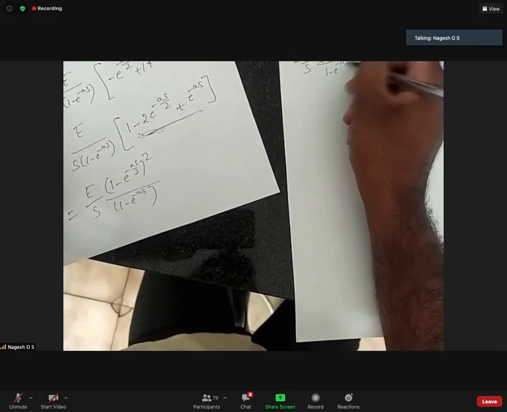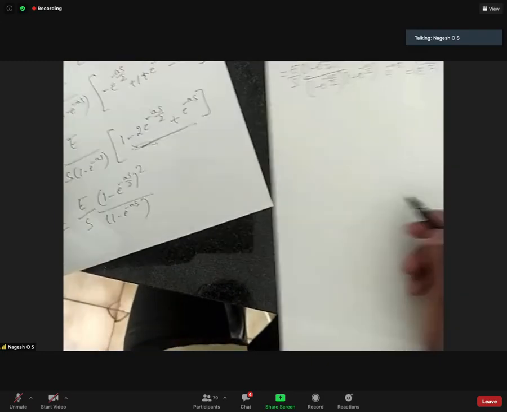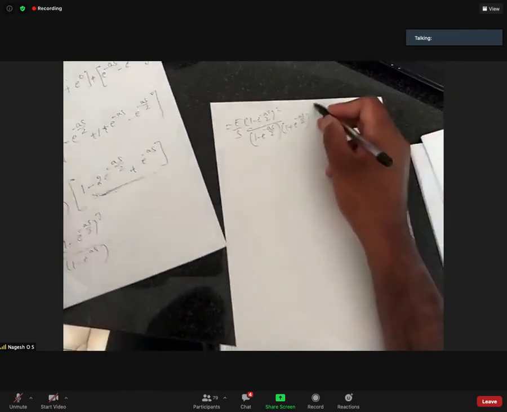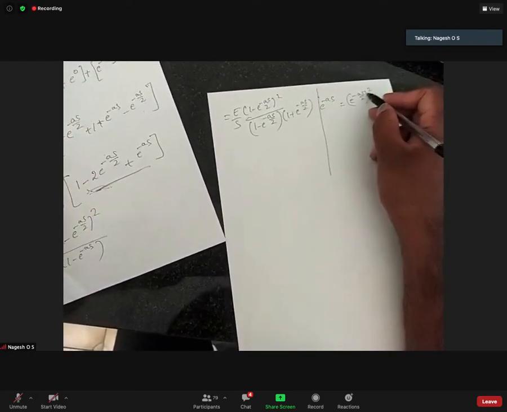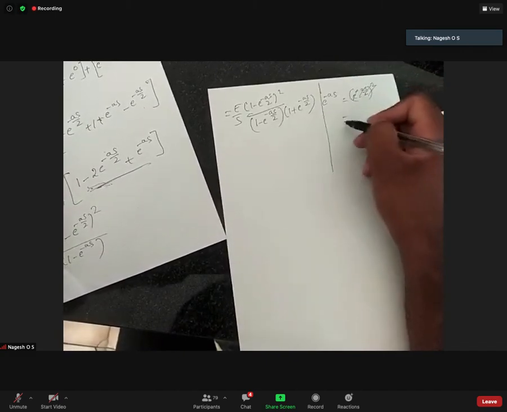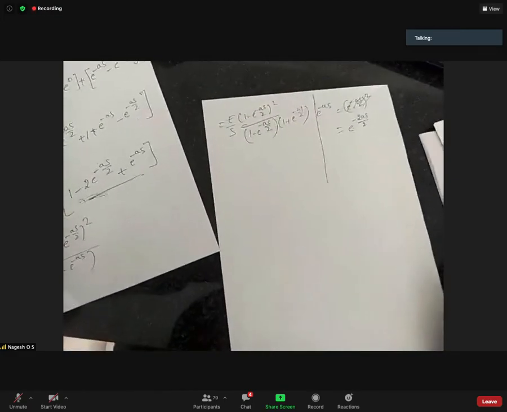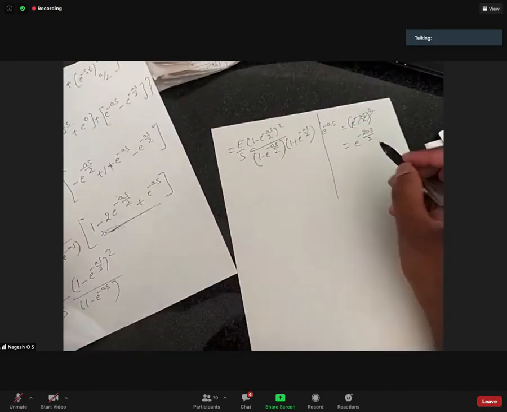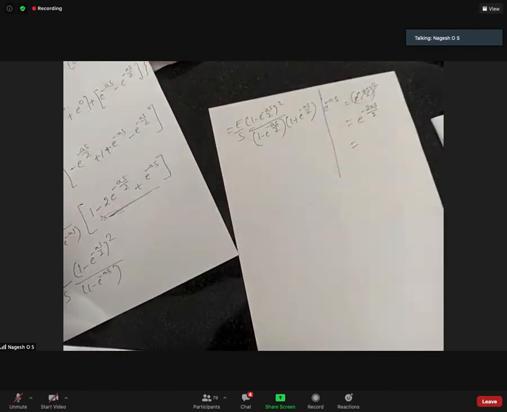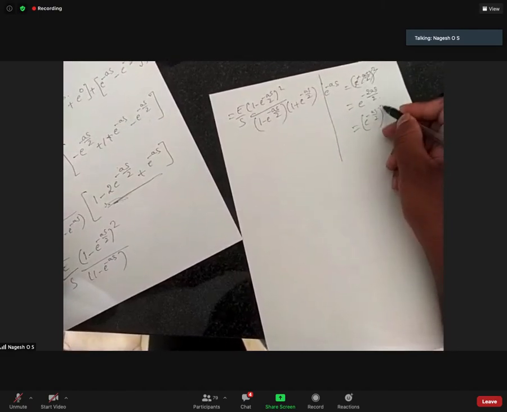The denominator is 1 minus e power minus s by 2 times 1 plus e power minus s by 2, which gives e power minus s by 2 whole square.